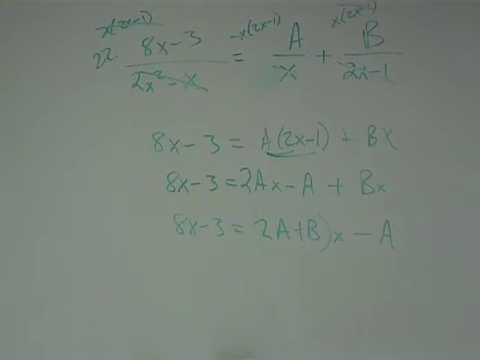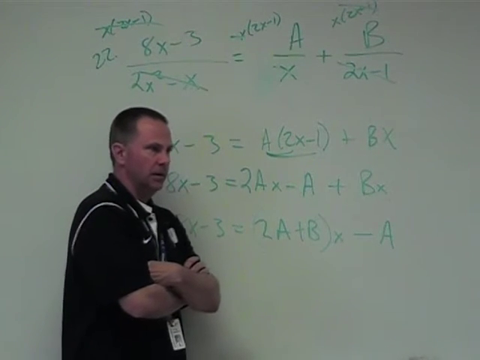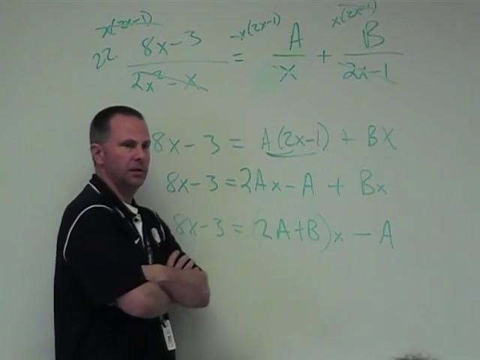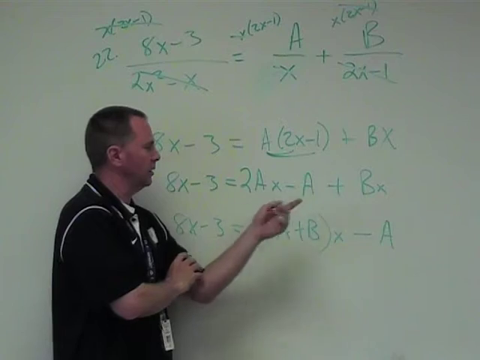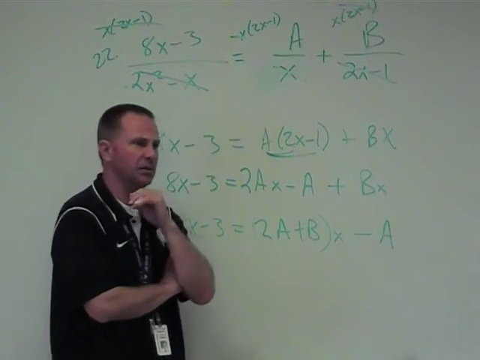You know what I did. Find your x's. 2ax can be x, it's 2a plus b. And your a is all by itself, so that has to be a constant. Anything that doesn't have your x with it is your constant.